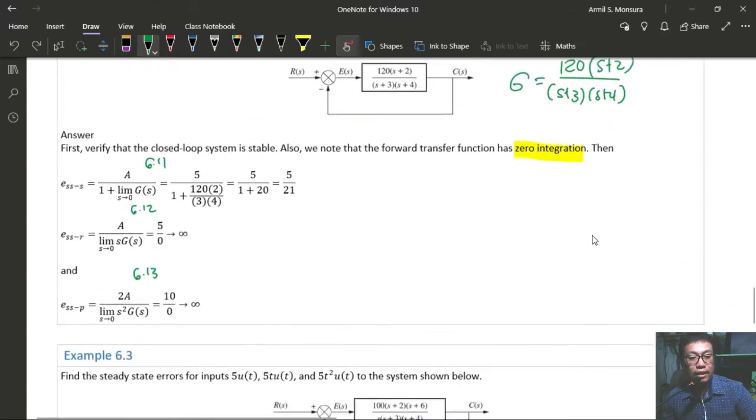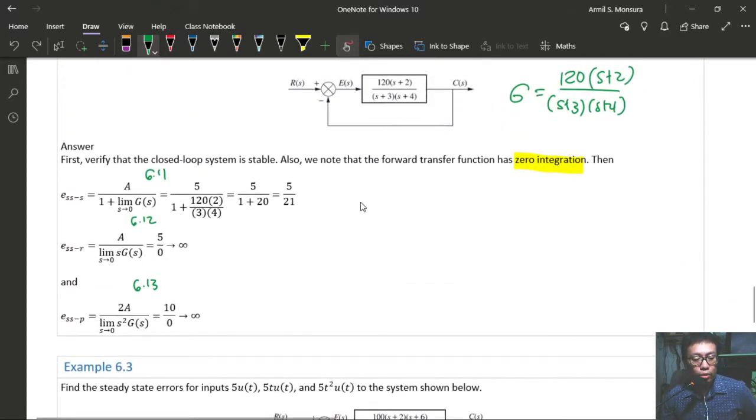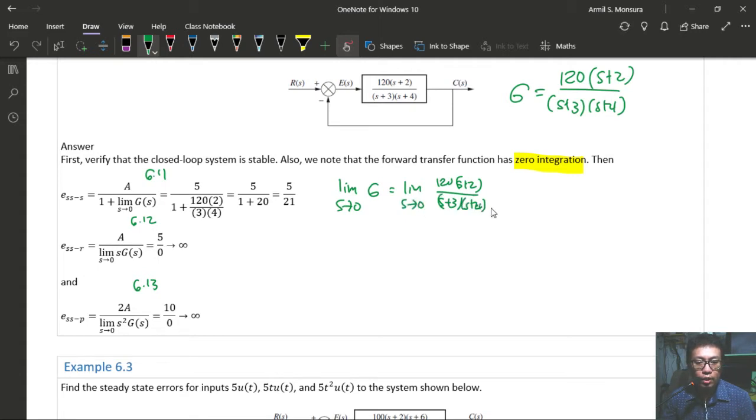So let's verify it. Actually, it's nice here to first evaluate the limit of G as s approaches 0. So that becomes the limit of 120 times (s plus 2) over (s plus 3) times (s plus 4) as s approaches 0.